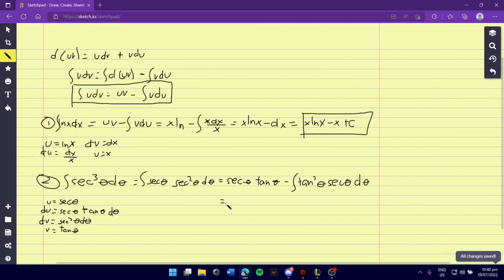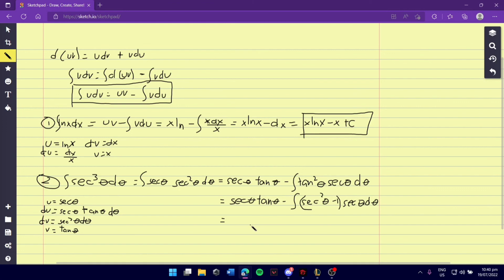Next we will apply our trigonometric identities. It becomes secant theta times tan theta minus the integral of, by using trigonometric identities, secant squared theta minus 1, then copy secant theta d theta.